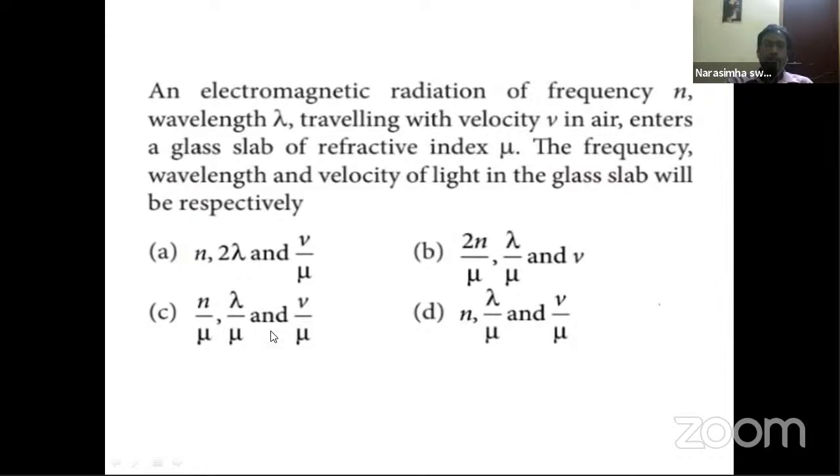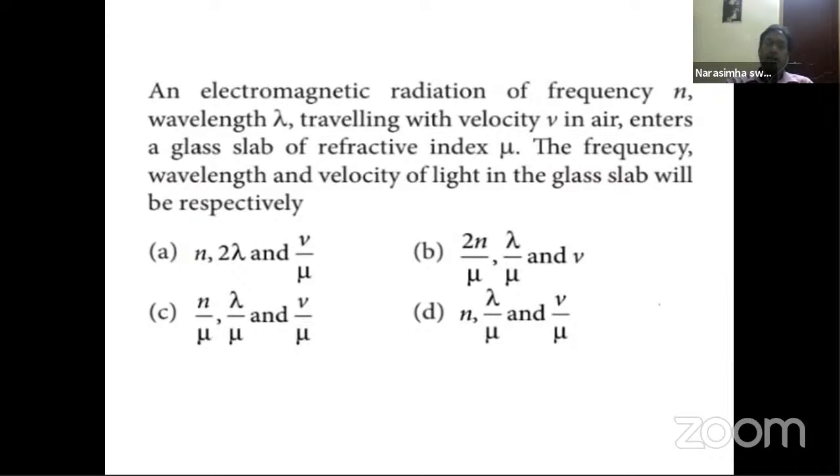See, n is the frequency, lambda is the wavelength, and v by mu is the relation for the refractive index. What is refractive index? It is the property of a medium that gives the information about how dense the medium is.